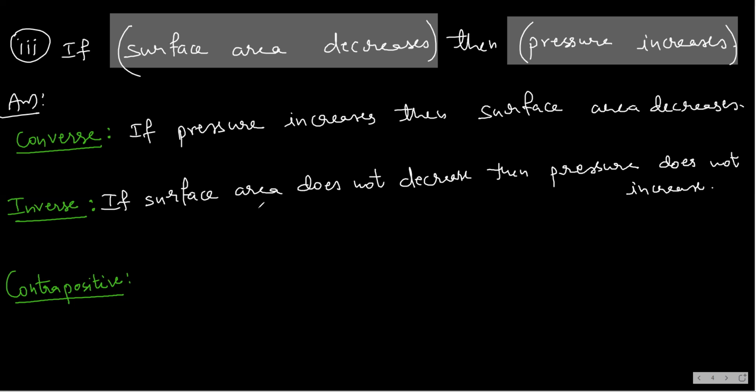Finally, we have the contrapositive. For contrapositive, we apply the negation and we also change the role of hypothesis and conclusion. This is the conclusion, but we will write this as a hypothesis along with writing the negation of this.